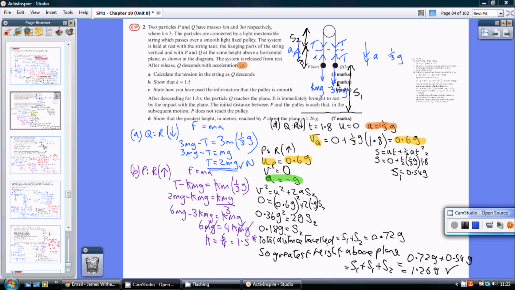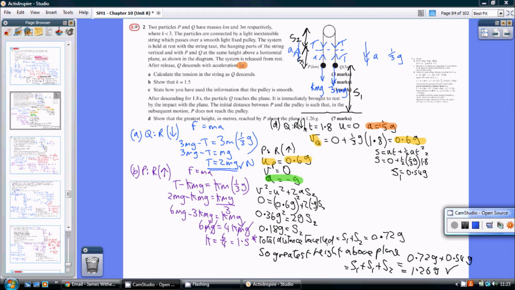So the second that Q hits the ground, its final speed V will be the initial speed of P for its independent phase of the journey, when it's travelling upwards after Q has hit the ground. So we're going to kick off looking at Q with the goal of finding what its final speed is.